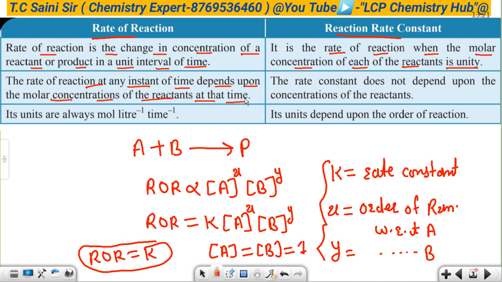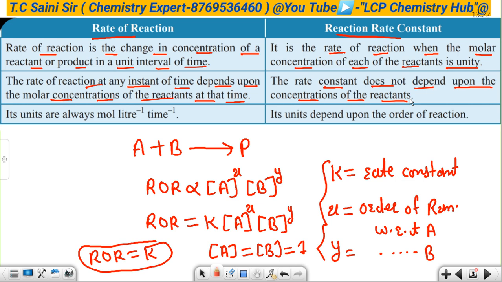As the concentration of reactants increases, the rate of reaction increases. Whereas the rate constant, that means K, does not depend upon the concentration of the reactant. Reaction rate constant is independent of the concentration of reactants.